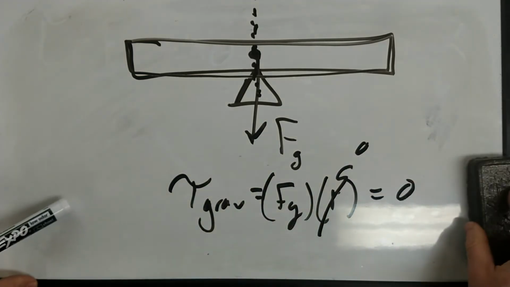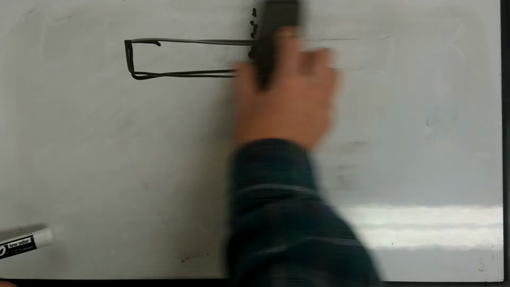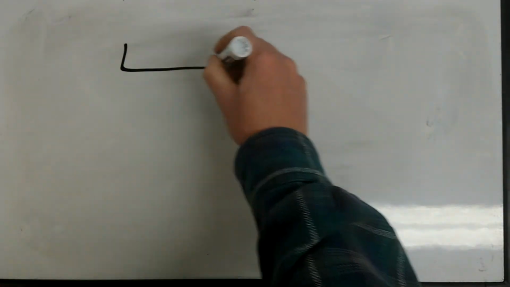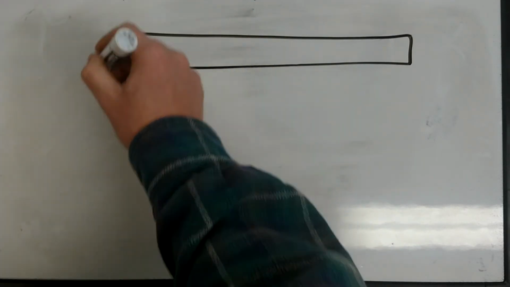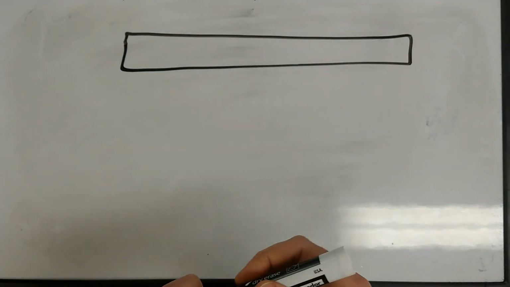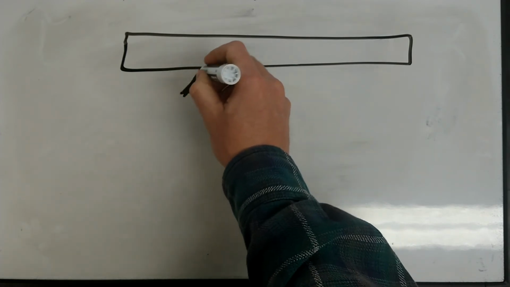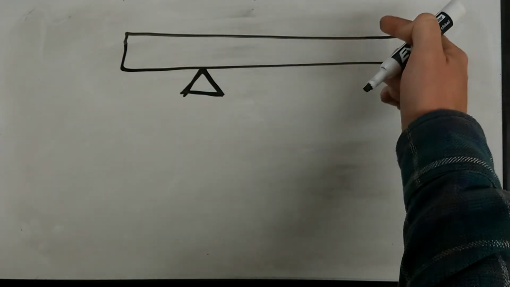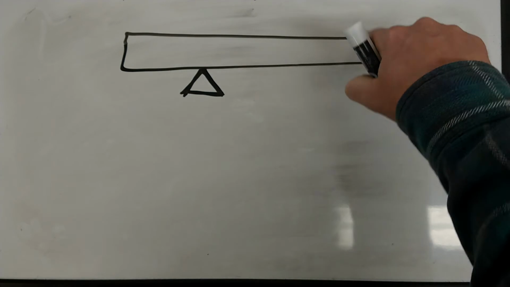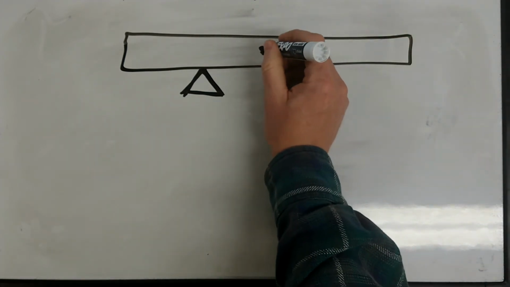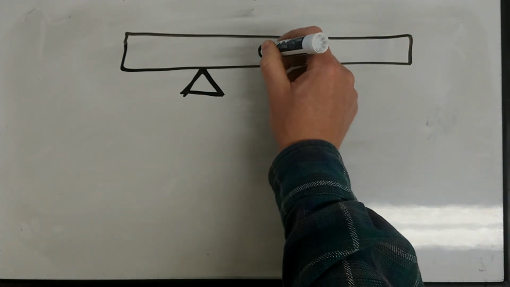This isn't the case when you take a plank and you don't put the pivot point at the middle. If we took a meter stick, for instance, took anything and we tried to balance it and we put the pivot point, the fulcrum, over here, obviously this is going to fall down this way. And that's because the gravity still acts on the center here.